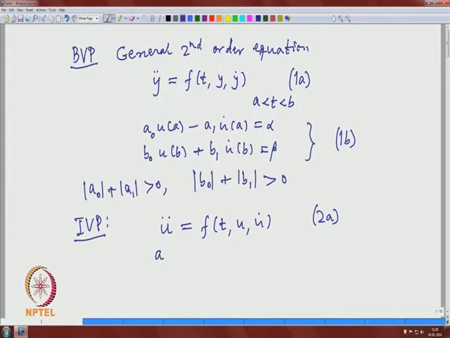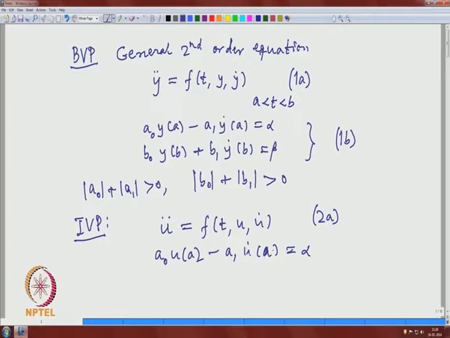Sorry, this is not u, this is y. The first condition is u(a) minus a1 u dot(a) equal to alpha.